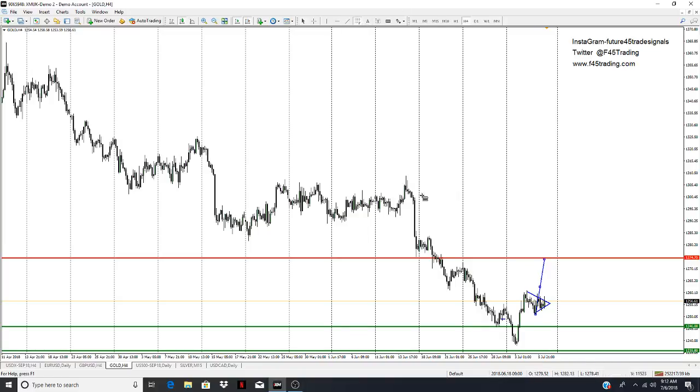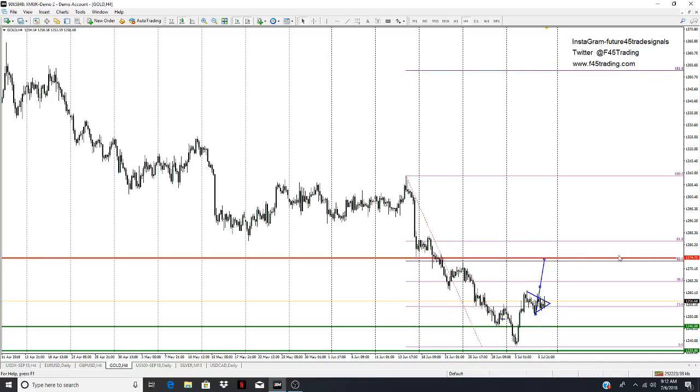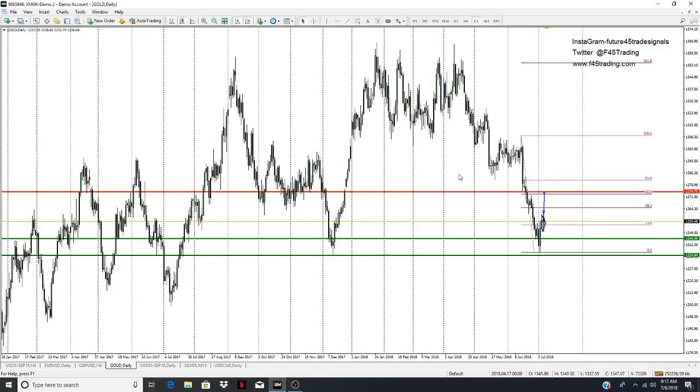If we run a Fibonacci on this, it hits a 50 mark, so that's not a bad area for price to get to. Where does that lead us on the daily?